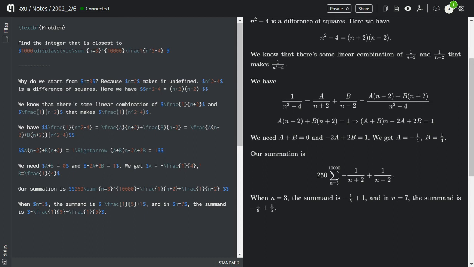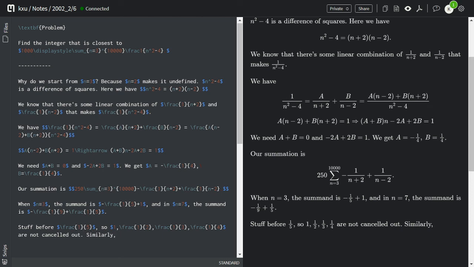And what this also means is that the stuff before 1/5, so 1/2, 1/3, and 1/4, are not canceled out. And similarly, at the very end, the highest canceled factor that we can have is when n equals 10,000, and on the positive side we have 1/9,998.